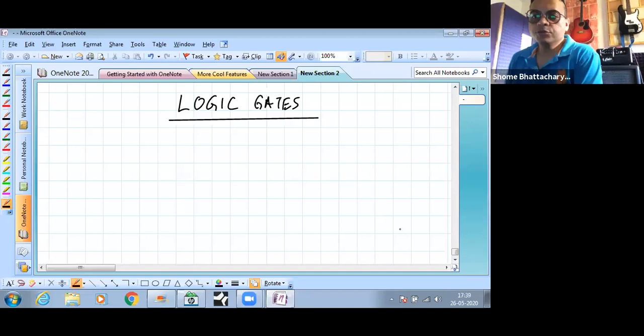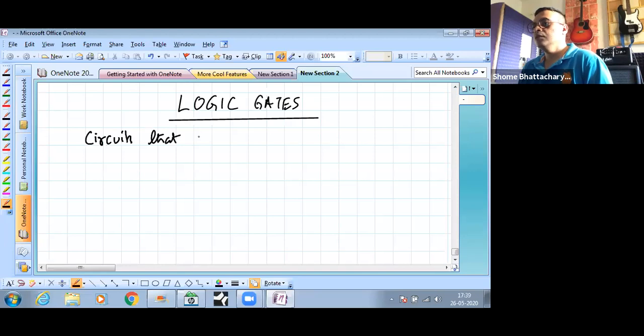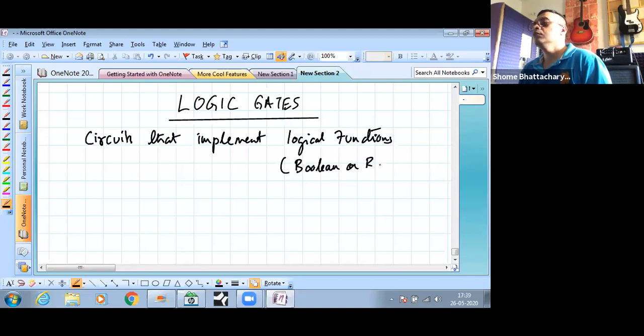Okay, people. So let's look at the last section of logic gates. So logic gates are basically circuits that implement logical functions, which eventually become Boolean or binary algebra.